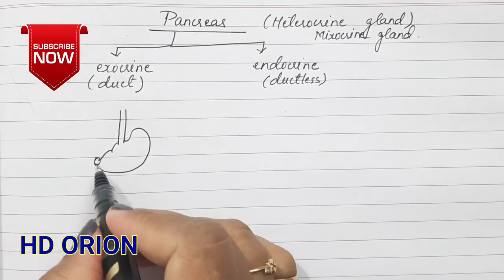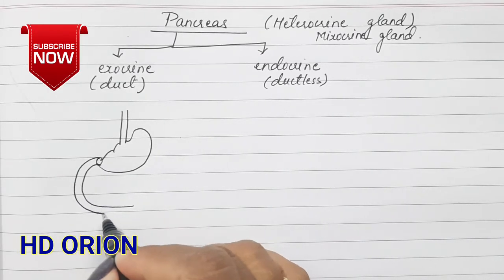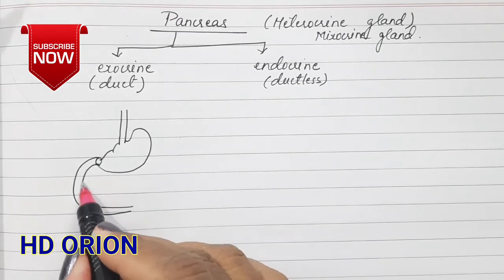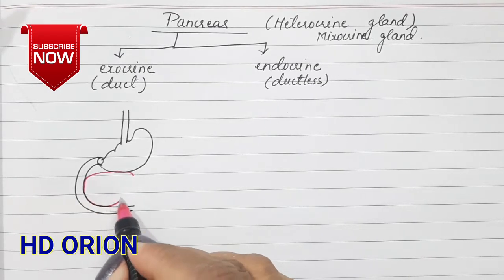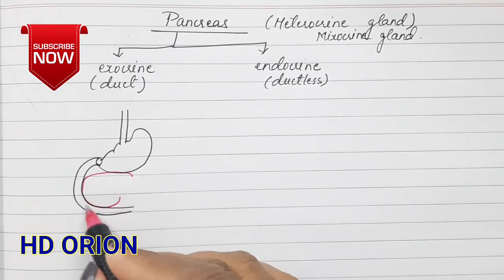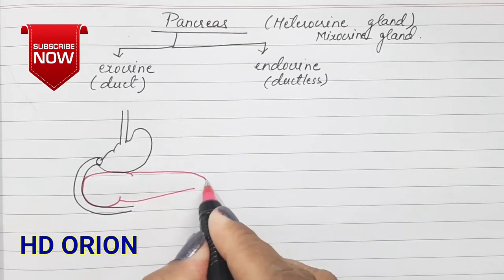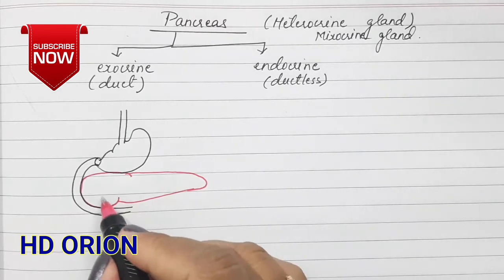The stomach and the first part of the intestine, which is the duodenum. In this loop-like structure, the pancreas fits. It has this head-like structure which fits into the loop of the duodenum. It is a leafy structure which is basically divided into parts.